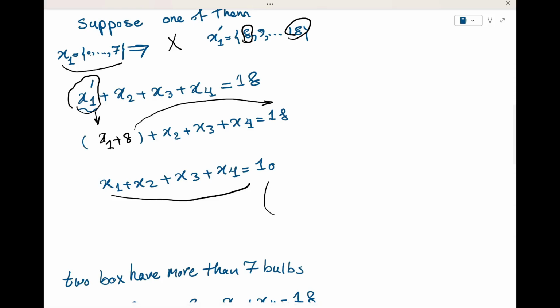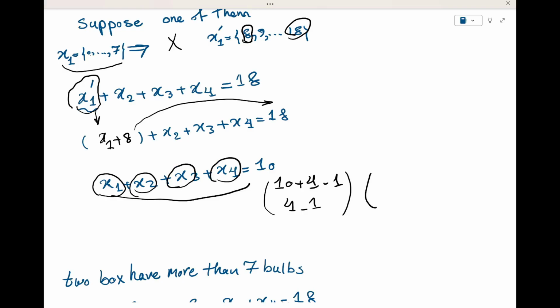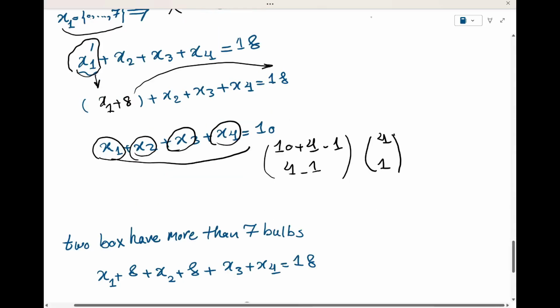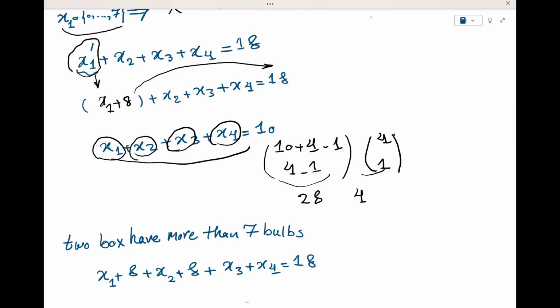Now we have no restriction, it is 10 plus 4 minus 1 over 4 minus 1. But you must consider that it can happen for all these variables, so it is the combination of 1 from 4. If you calculate all these ways, it is 4 times 286. The total answer is 1144.